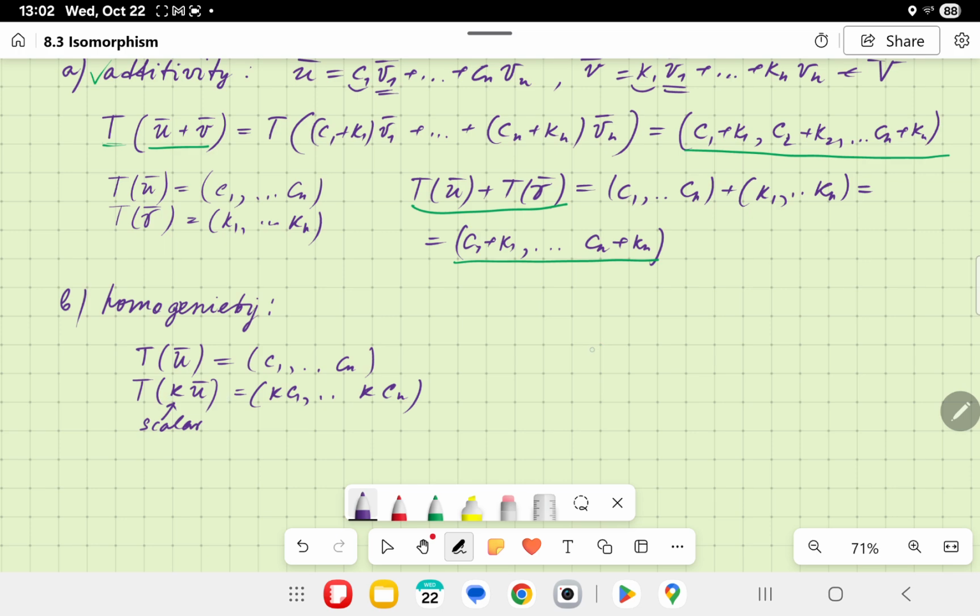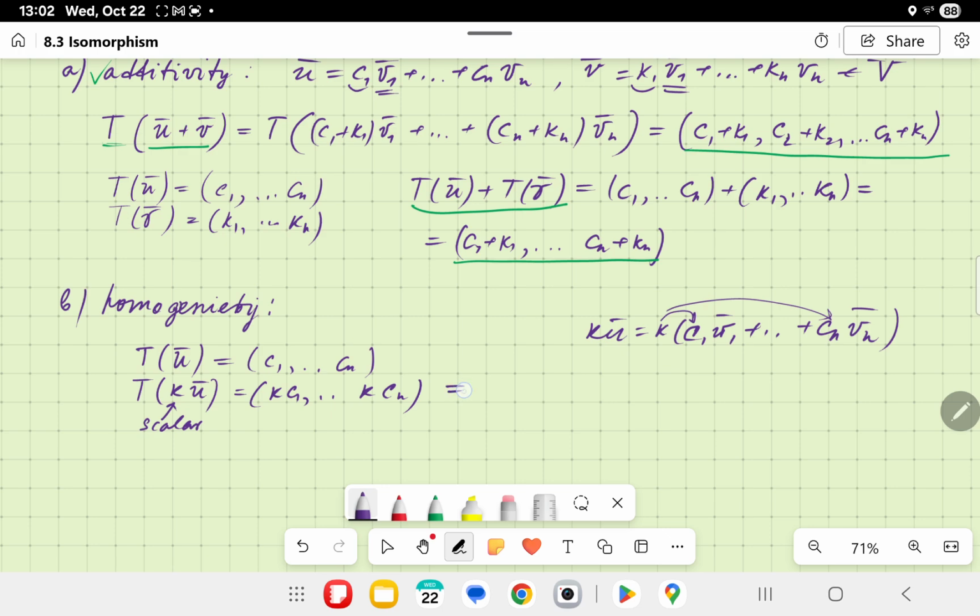Just how ku is going to look: k multiplied by (c1 v1 plus ... plus cn vn). So basically, if I multiply it by every component, I'm going to get the coordinates looking like this.